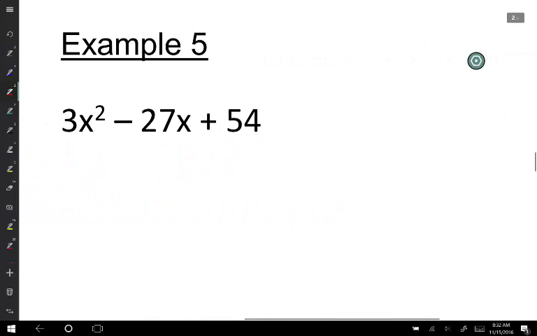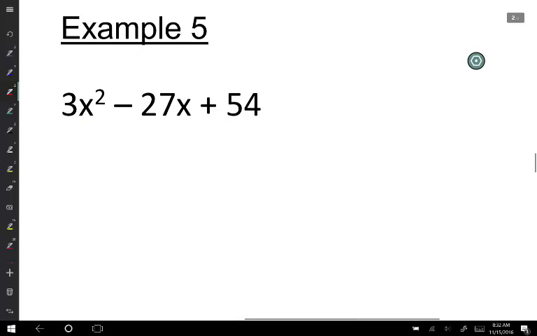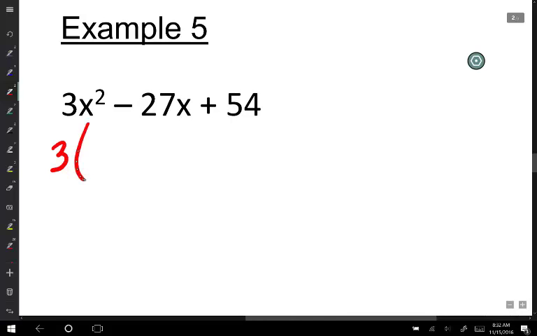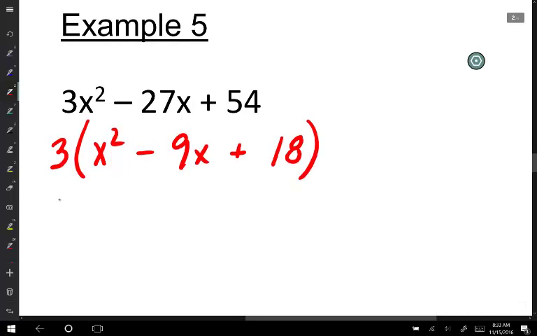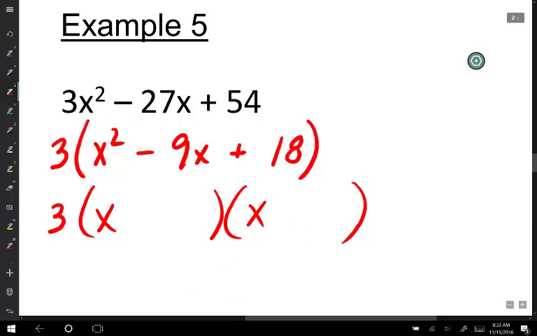All right, come over here to this next one. Once again, is there a GCF? Yeah. What is it? 3. All right, who can divide? I can divide the 27 by 3. What's 54 divided by 3? 18. Right. All right, bring down the 3. x and x. The back one is a positive.